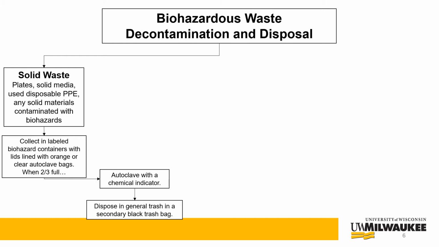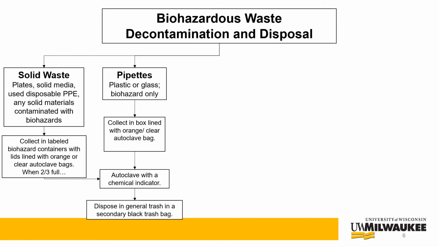The container must have a lid for storage. When 2/3 full, loosely close the bag and autoclave in a secondary container with a chemical indicator, and then place the cooled waste in a black trash bag and move it to the dumpster nearest your building.